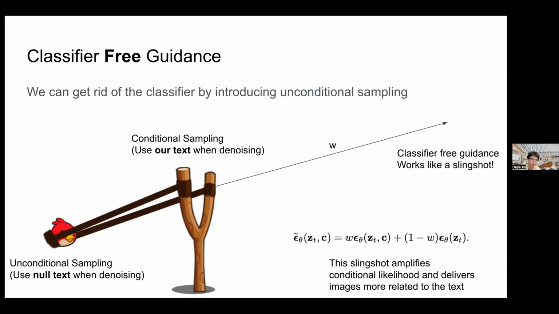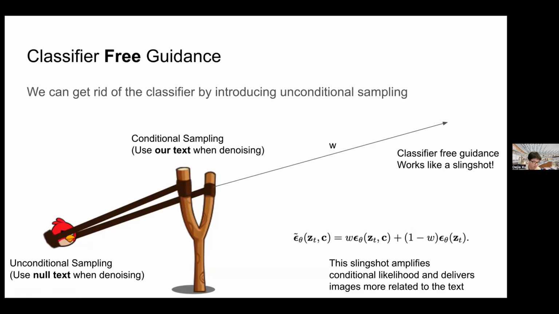The way we do this is that we introduce unconditional sampling into the sampling process. The unconditional sampling here means that instead of using our target tags when denoising, the unconditional sampling requires some null text when denoising. The null text means that we don't really constrain our generation.